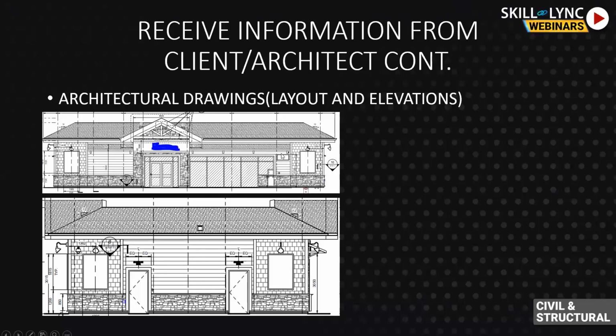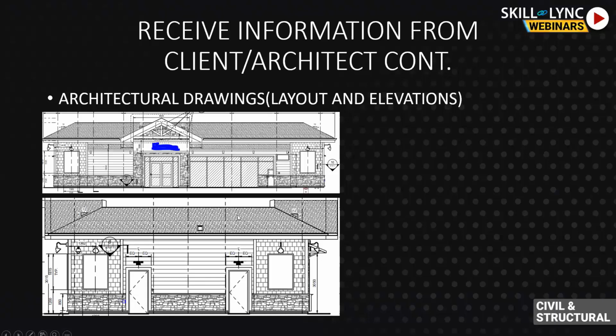We want to look at elevations because we'll be laying out our framing, our structural elements: your columns, your beams, your lateral elements. Without looking at the elevations, if you lay out your framing, there are chances that you might end up having a column somewhere in the middle of a window. If you can see my cursor moving around, this is a window here.